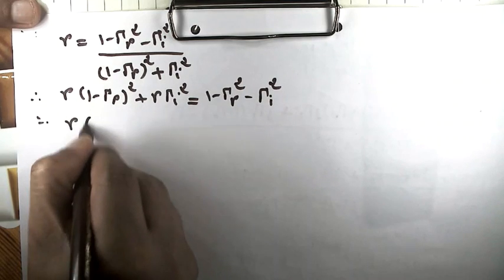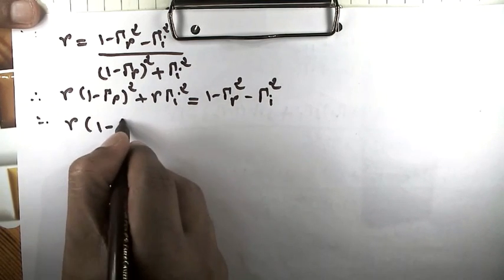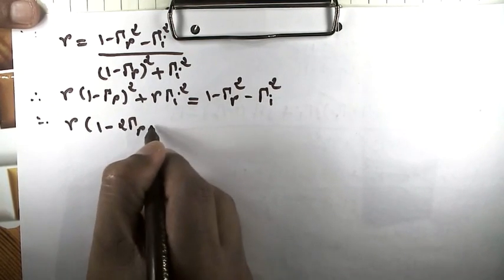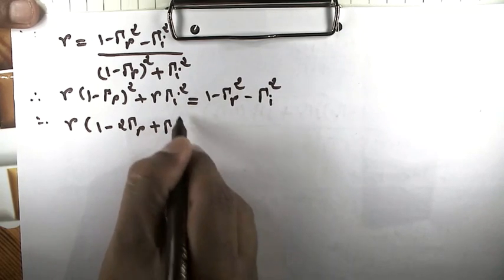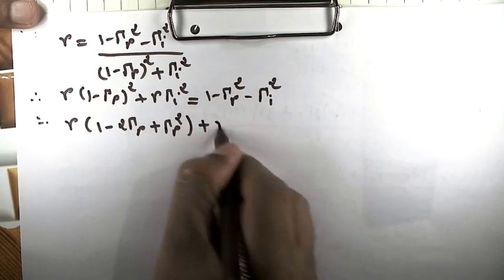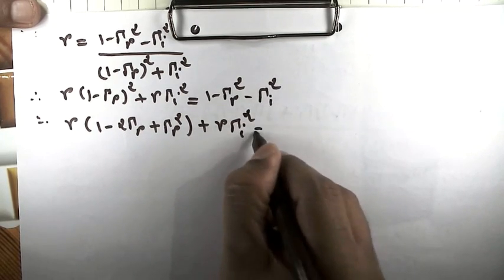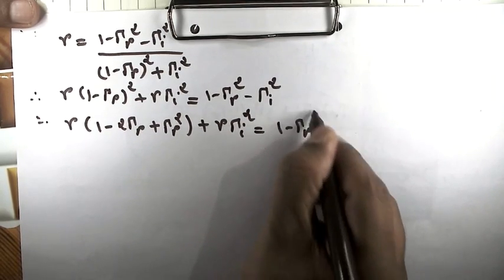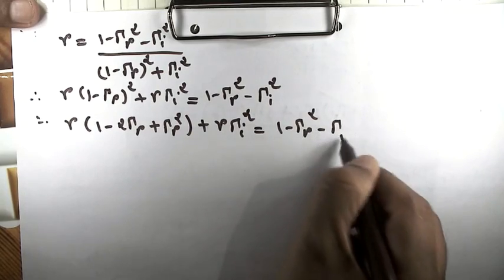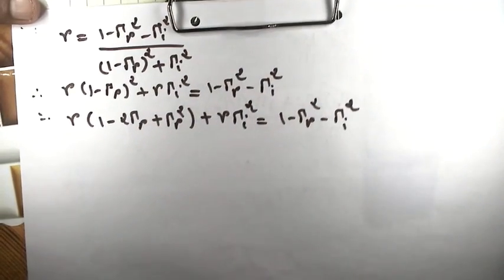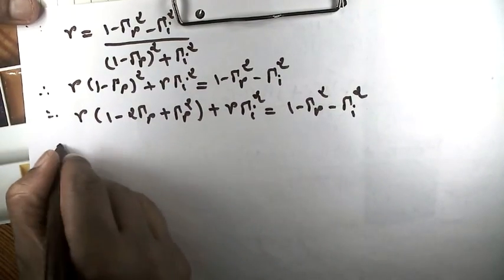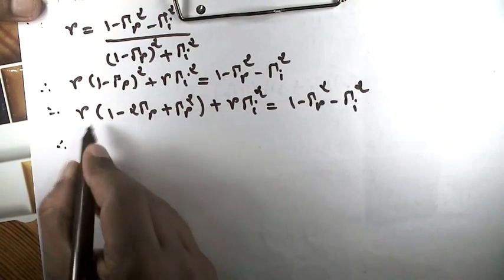So we can simplify that: 1 minus 2 times sigma r plus sigma r square plus r into sigma I square, and that is equal to 1 minus sigma r square minus sigma I square.